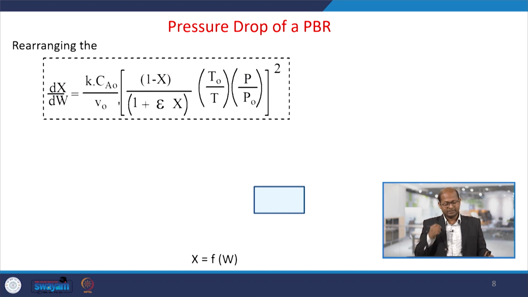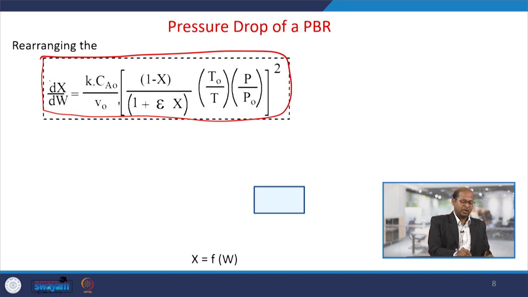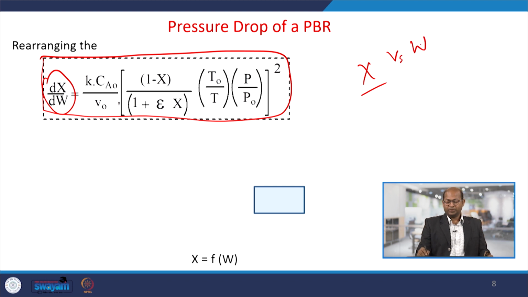Once we rearrange, on the left hand side we have the differential form of conversion and weight of the catalyst.